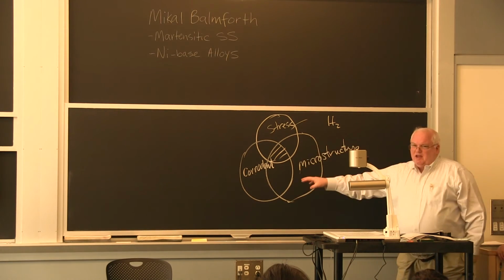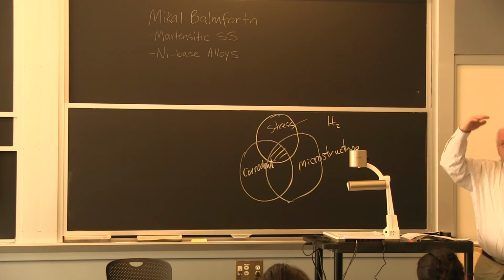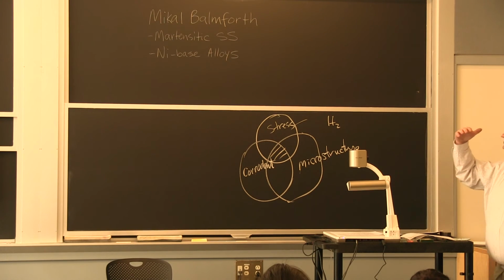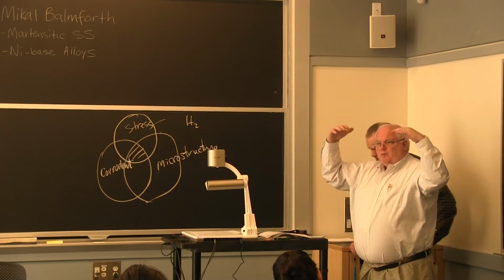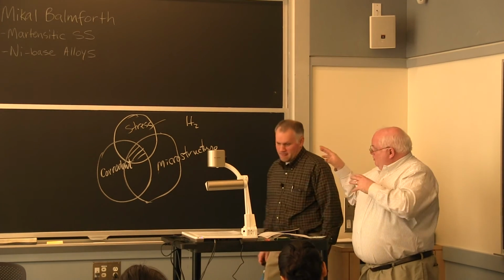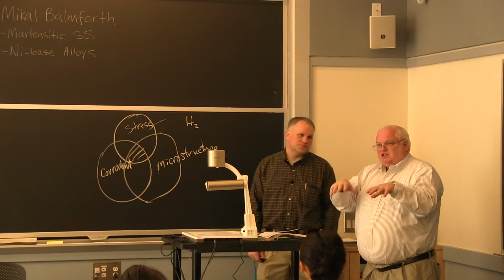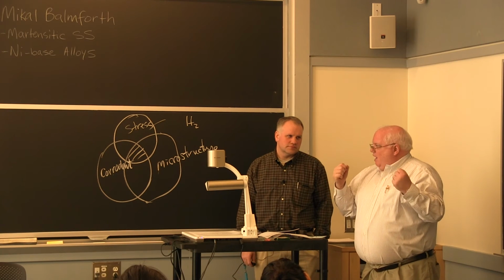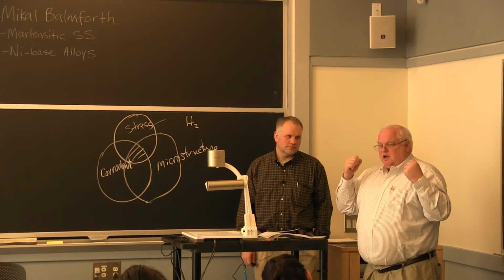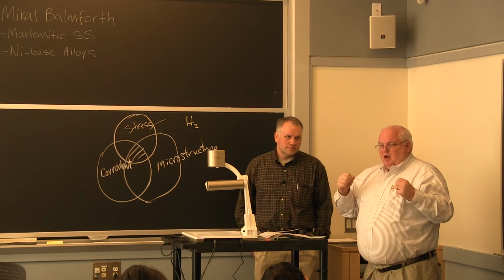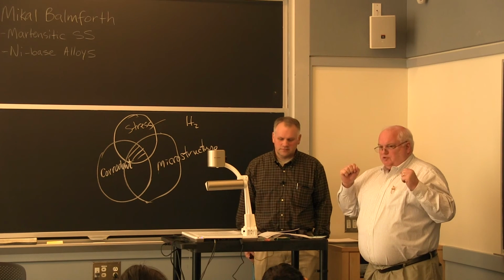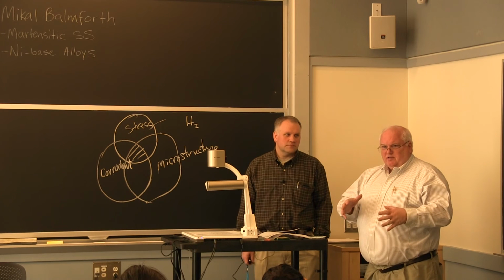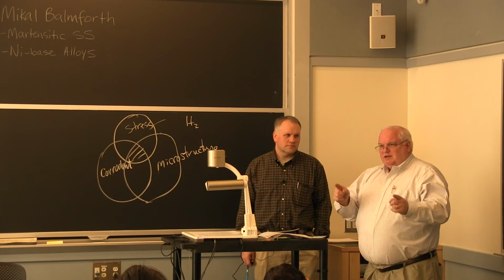So in a sense, the Venn diagram on a high level is a form of stress corrosion cracking, and you can think of hydrogen embrittlement as just a subset of one form of stress corrosion cracking. In the scientific literature, metallurgists throw hydrogen embrittlement and stress corrosion cracking together 70% of the time. There is a difference.